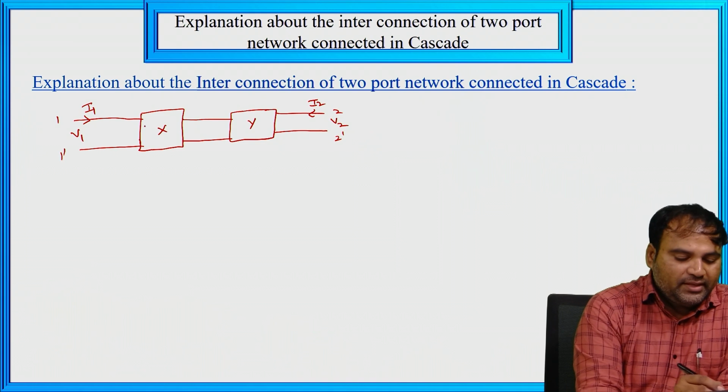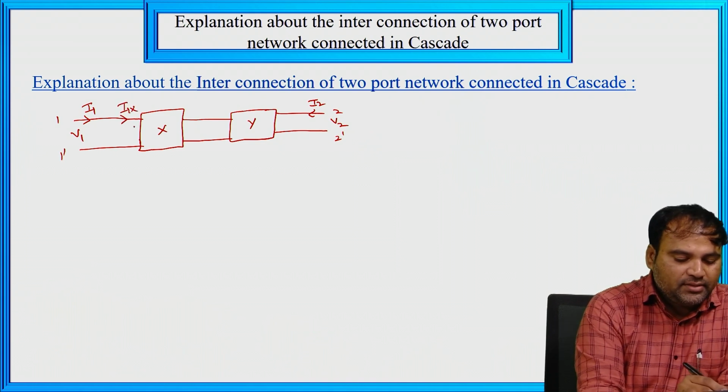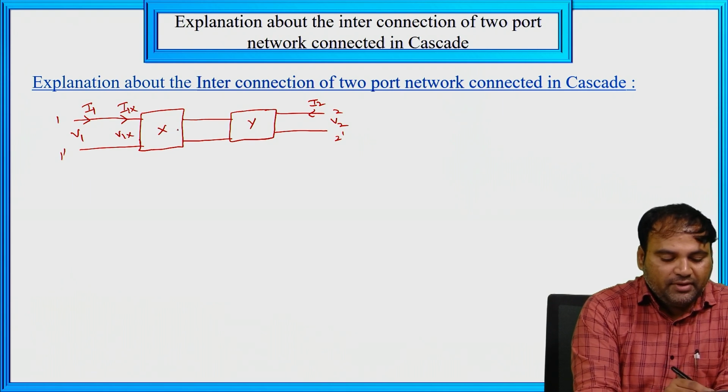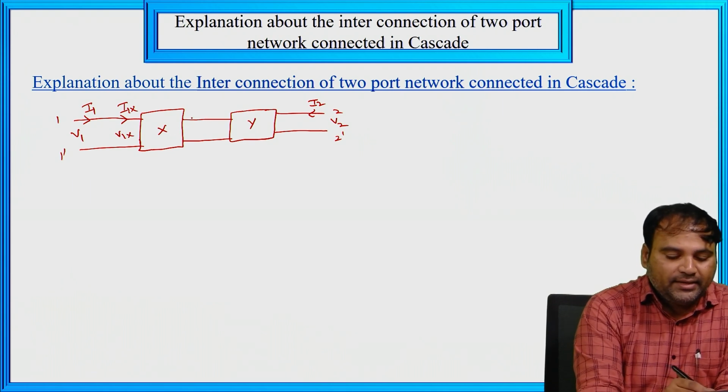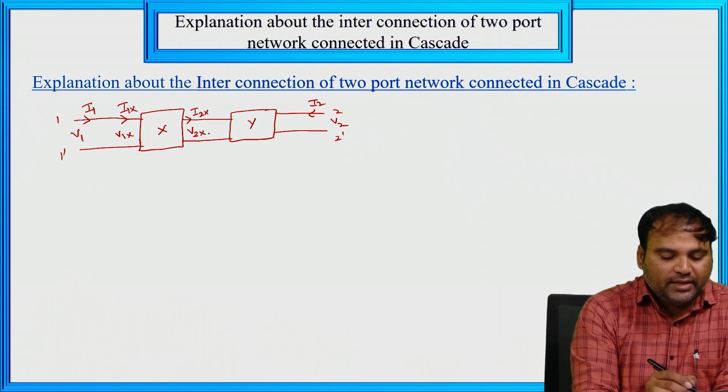Now for the X network, the input current is I1X, the input voltage is V1X, and the output current is I2X, the output voltage is V2X.